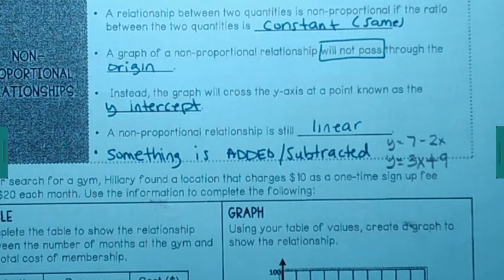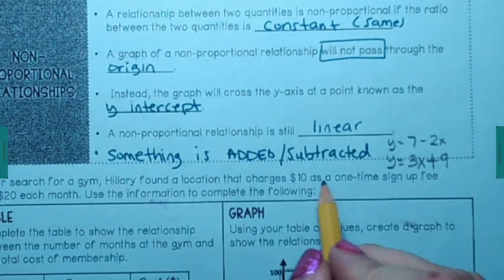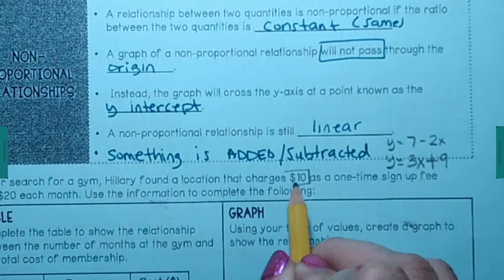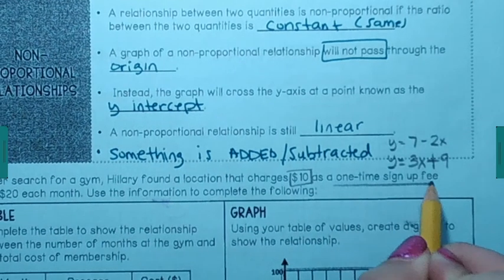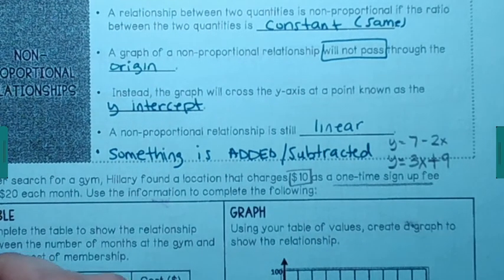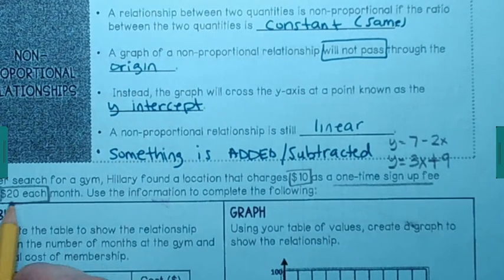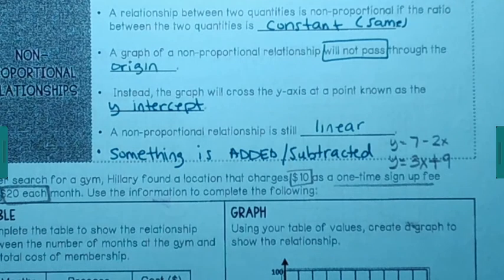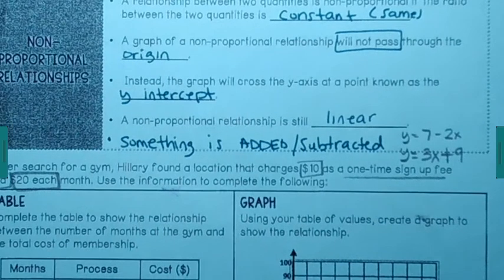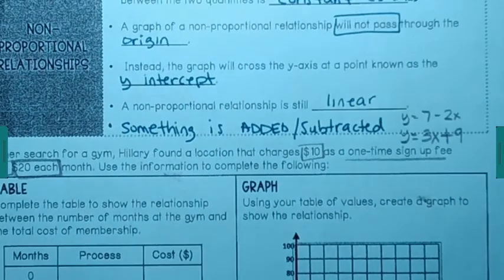Okay. All right, let's look at a word problem. In her search for a gym, Hillary found a location that charges $10 as a one-time fee and $20 each month. Okay, so if I'm going to pay for that first month, I have to pay the $10 fee, but I also have to pay $20 for each month.